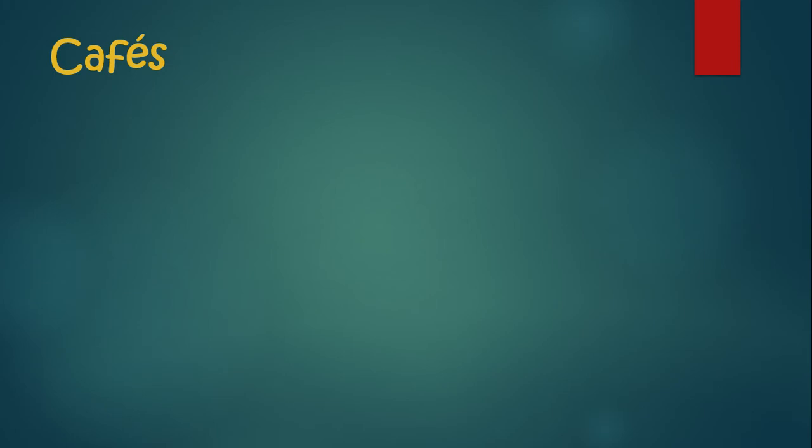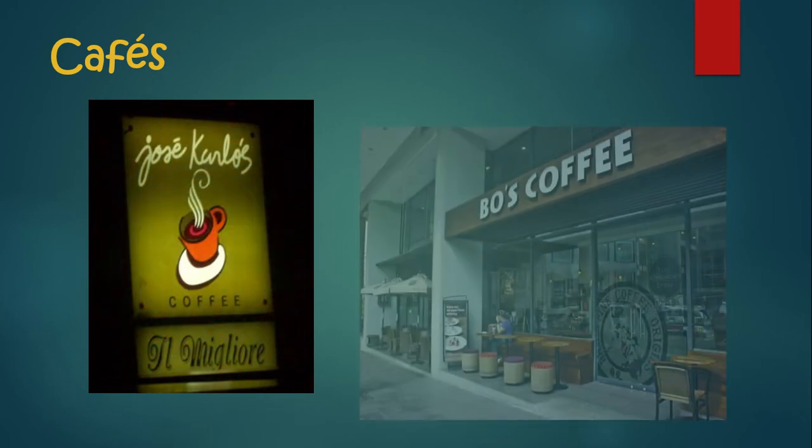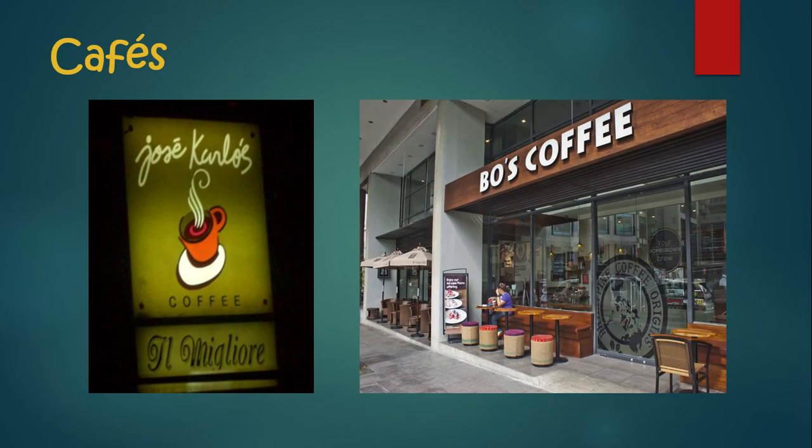And for the fourth establishment, it's the cafe. You have here Jose Carlos and Boss Coffee. So cafe, it is just a small gathering place or shop where you can have your group study, but of course it is not for free. You need to order food and drinks they sell.